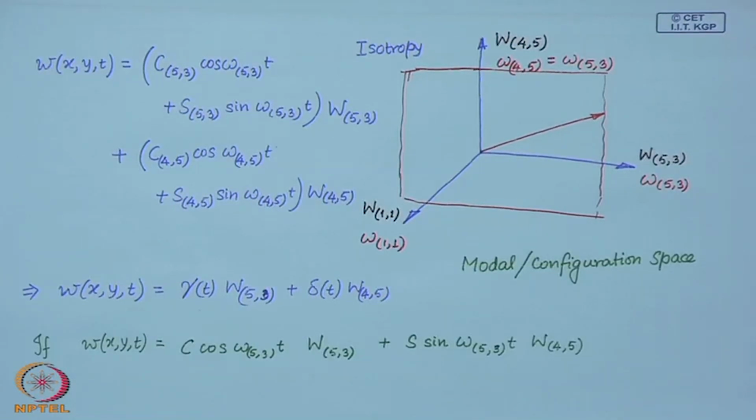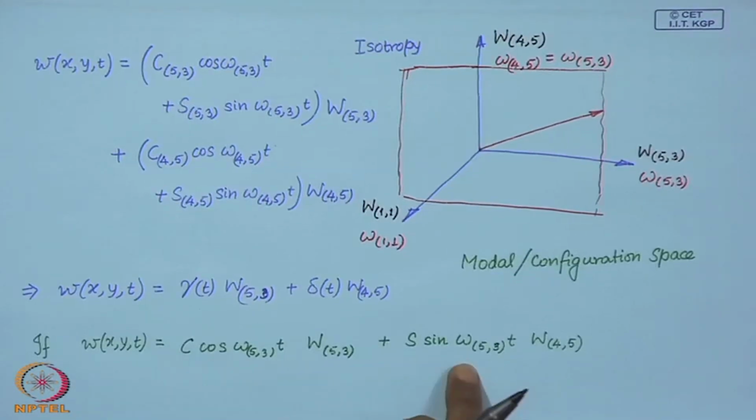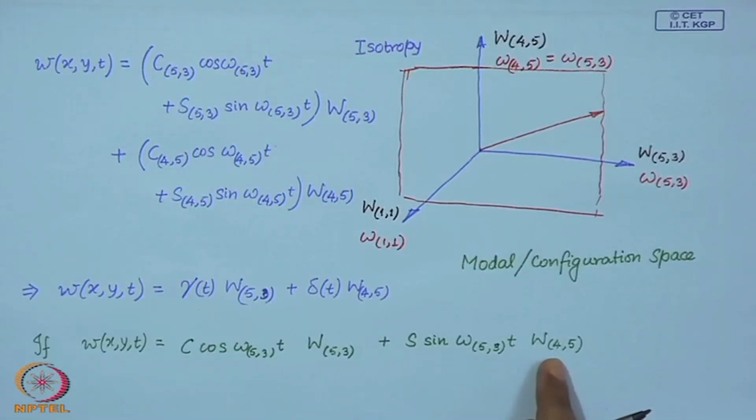But this is a modal solution. So, you will actually see a changing profile of the membrane. There are no fixed nodal lines. They keep varying according to this, but suppose the excitation is cos. In that case, there will be a fixed combination of W 5 3 and 4 5, which will be C times W 5 3 plus S times W 4 5, because this will be cosine, this is also cosine.